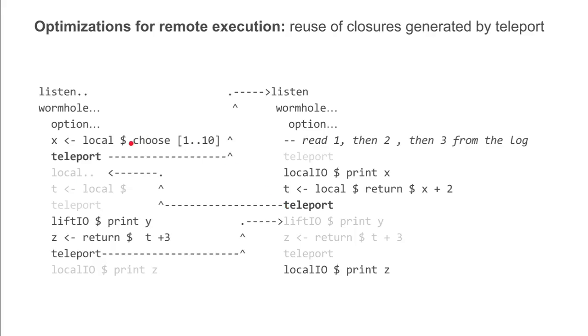Note that this choose generates 10 threads, and the 10 threads generate x, and the report sends 10 logs here, and teleport back sends 10 logs here, and this generates and sends 10 logs here.